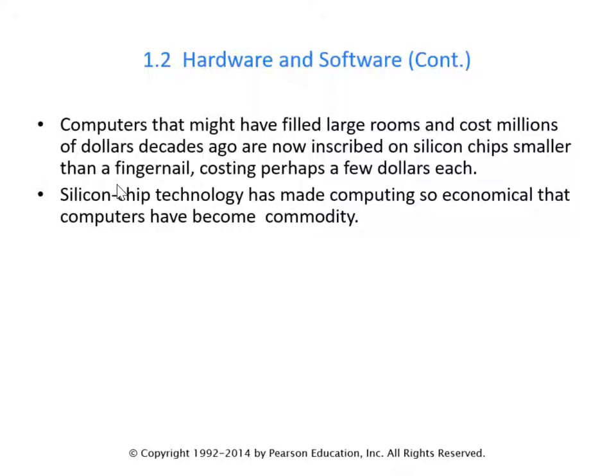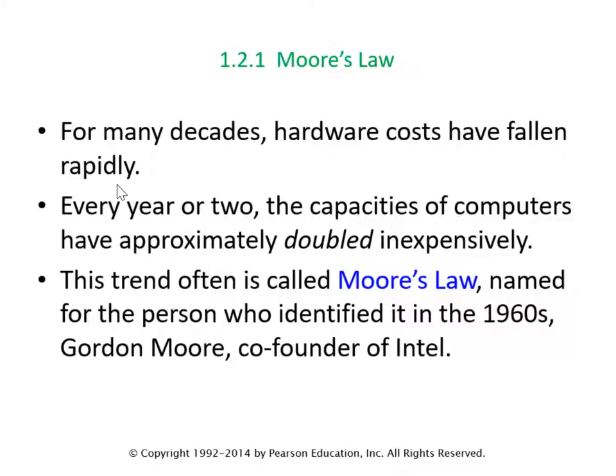So Moore's Law, you'll still hear it today. There are all kinds of articles in the trade journals that ask, is Moore's Law still relevant? And Moore's Law says that every year or two, the capacity of computers is going to double at the same cost. So a processor or memory size in your phone today is probably going to double in 2 years.